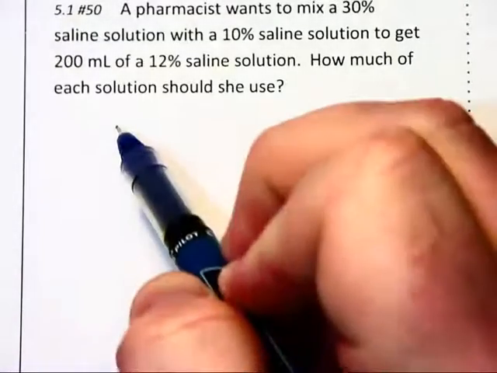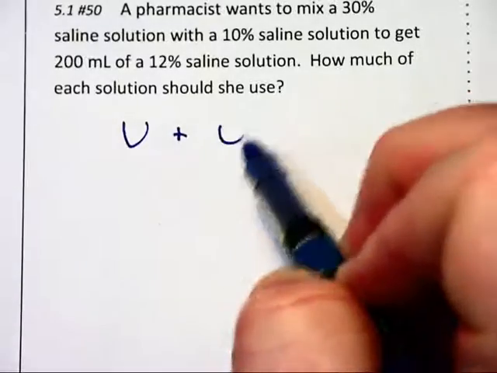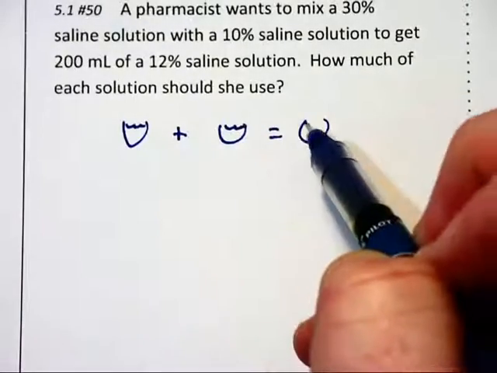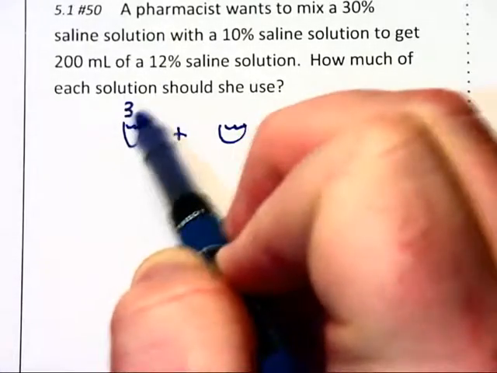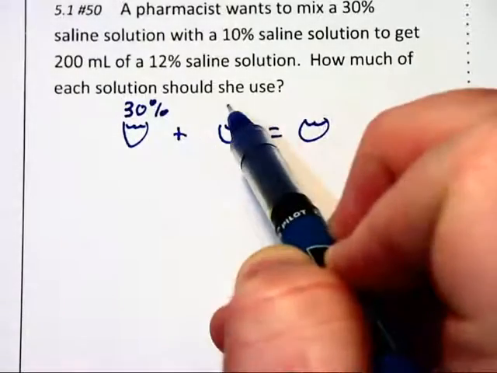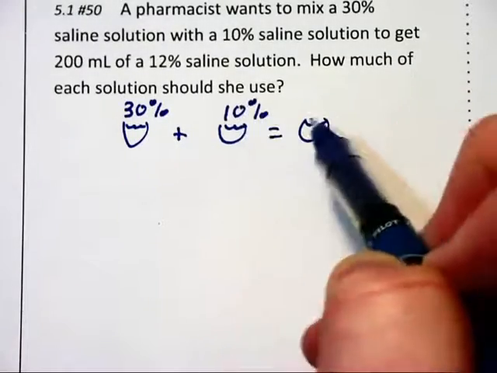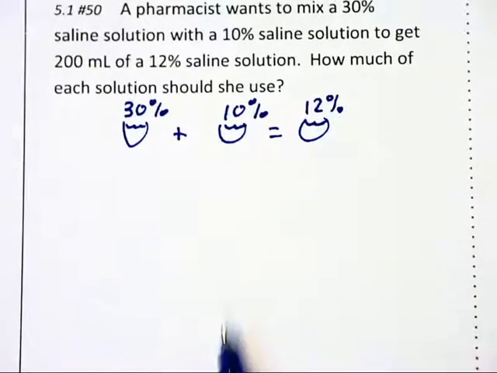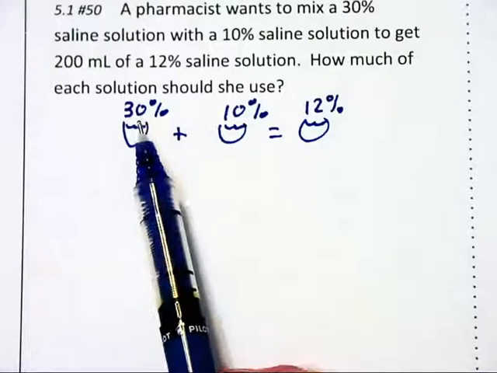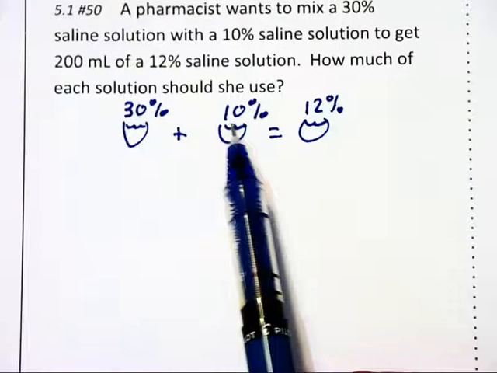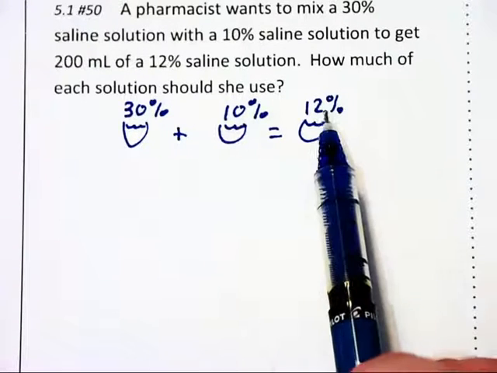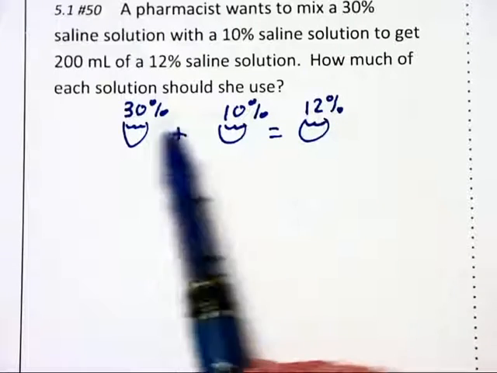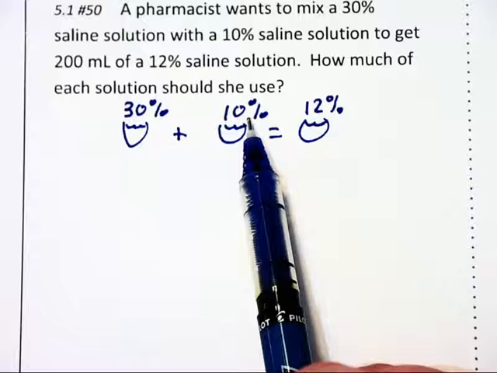Okay, I'd like to pretend that we're mixing these in the chemistry lab, and here are our beakers that we're dealing with. One of these is a 30% solution, one of these is a 10% solution, and when they are combined, we get a 12% solution. Notice we have a strong mixture mixing with a weak mixture to get a relatively weak mixture, and that the 12% falls between the 30% and the 10%.